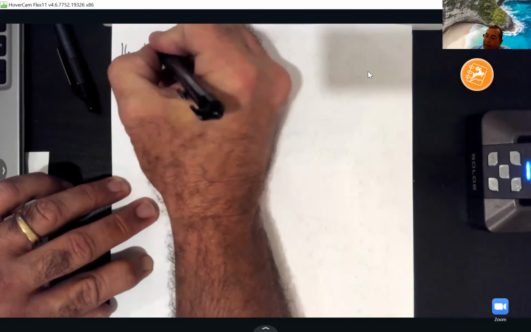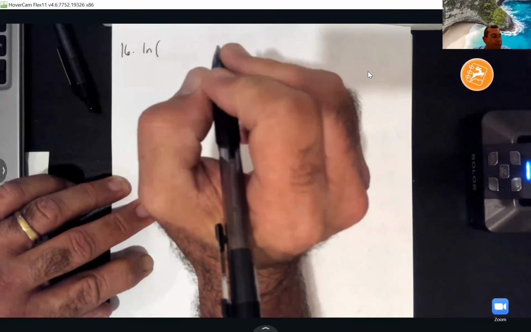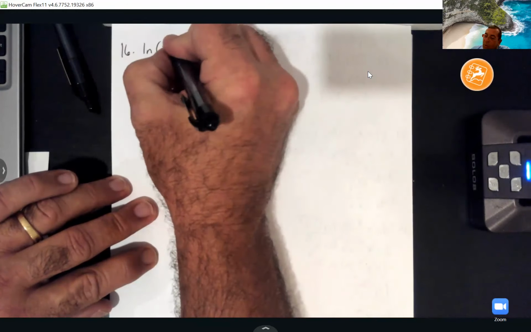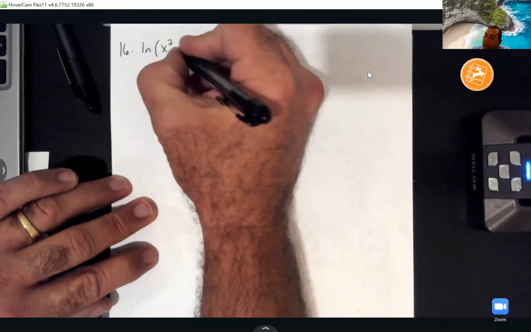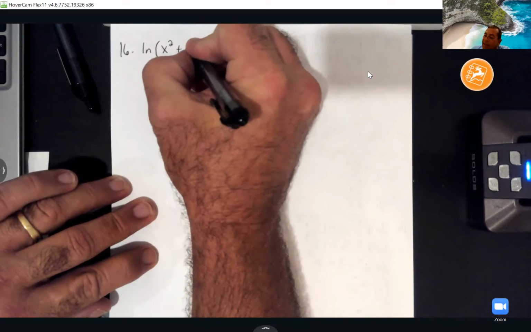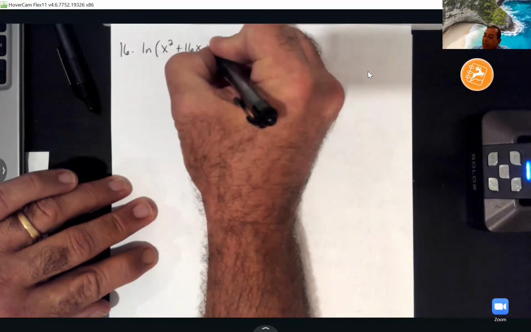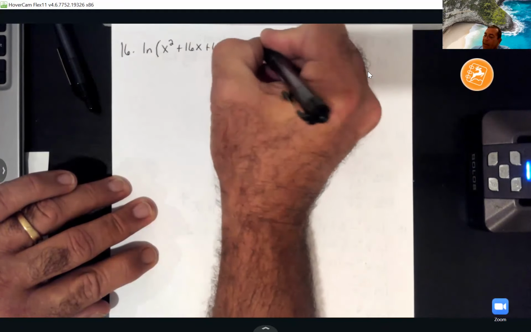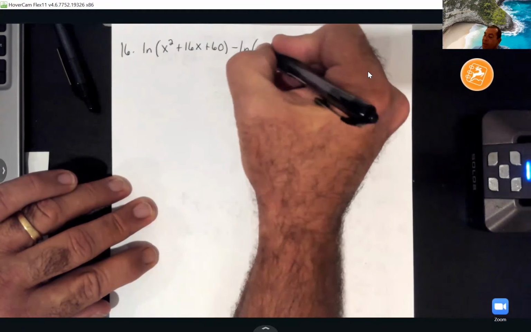I got ln of x squared plus 16x plus 60 minus a ln of x plus 10.